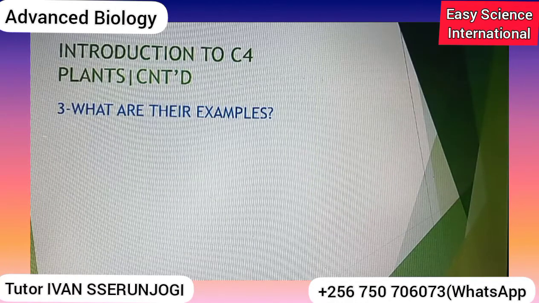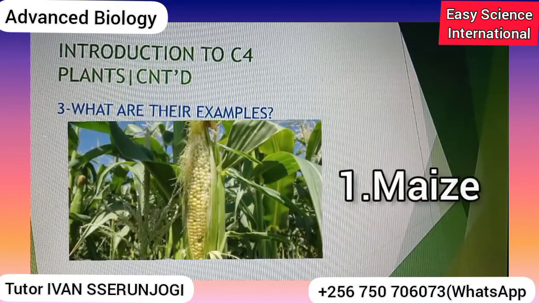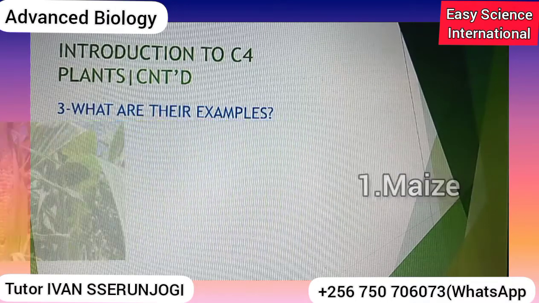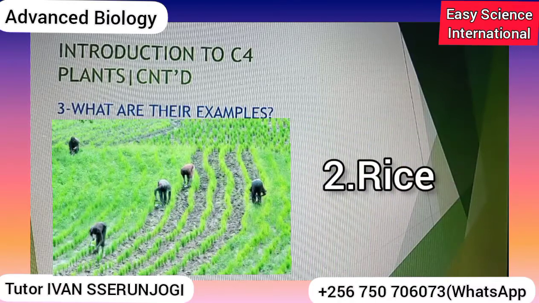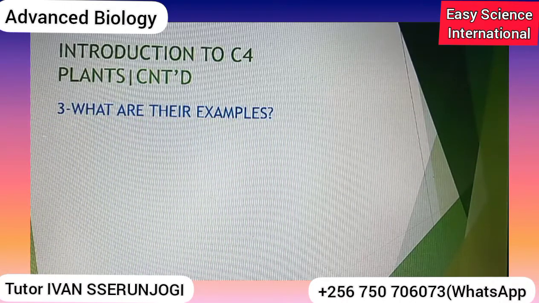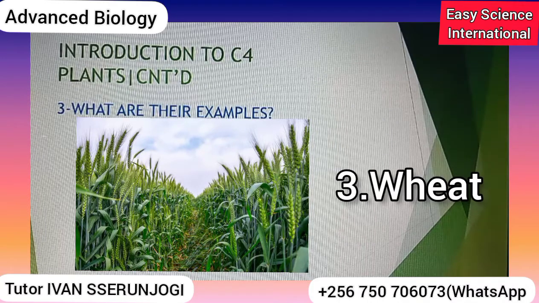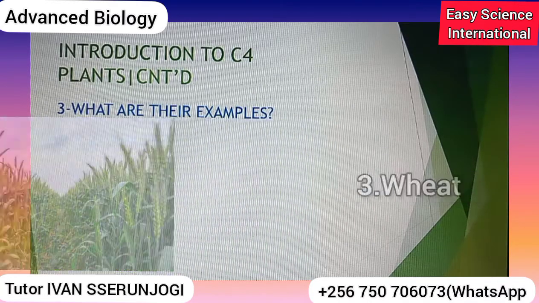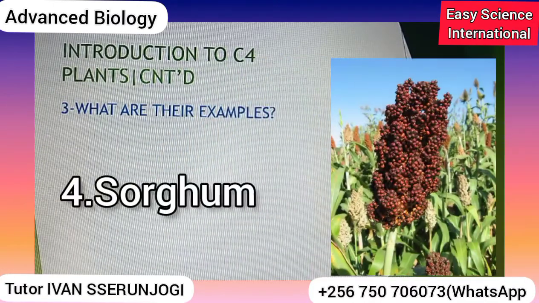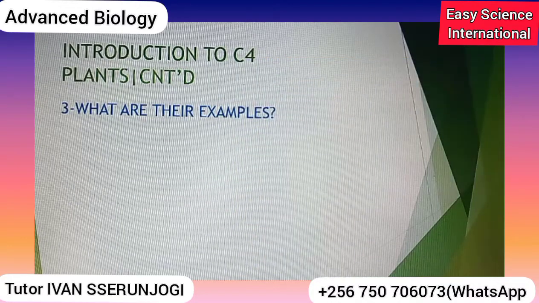These include maize, in Lusoga, Duma, in Luganda, Kasoli, rice, in Luganda, Omuchere, wheat is also part of the C4 plants, millet, sorghum, and all other grasses.